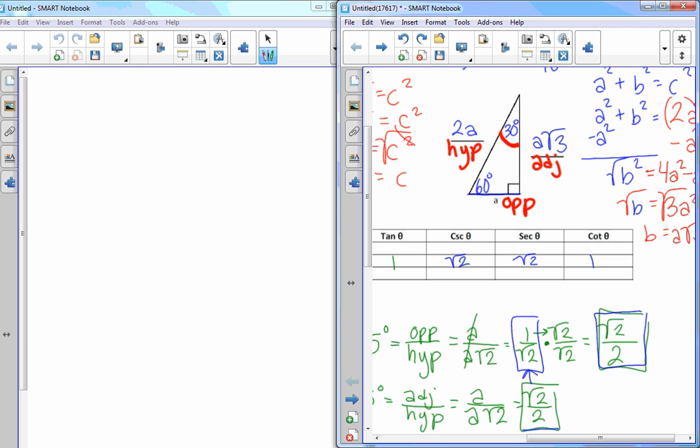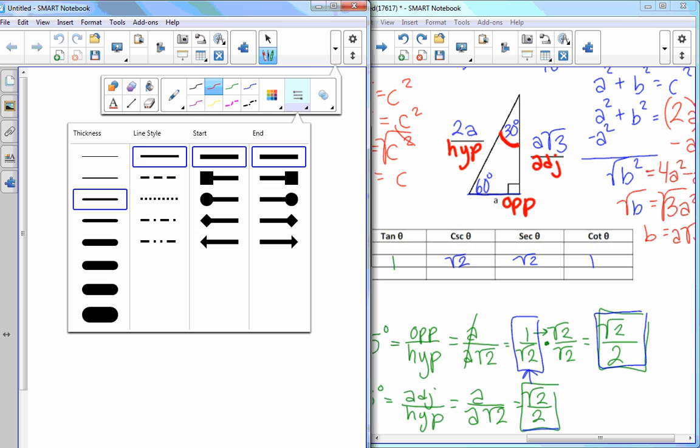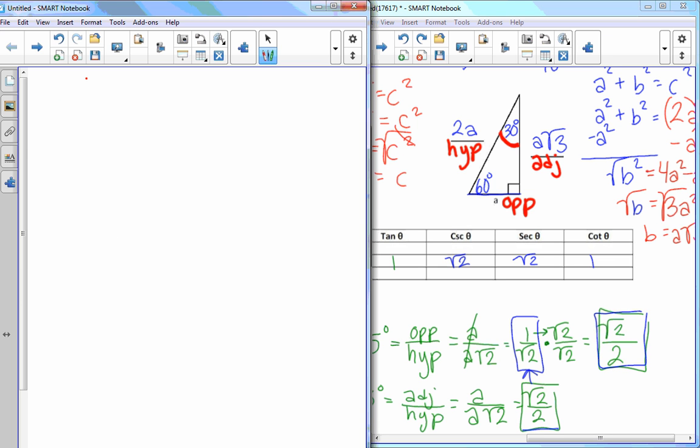Okay, using that angle, your sine, cosine, and tangent of the 30-degree angle. Sine 30 degrees. So, let's get the ratio, using our reference triangle there. A over 2A. Does anything cancel or simplify? Yay!